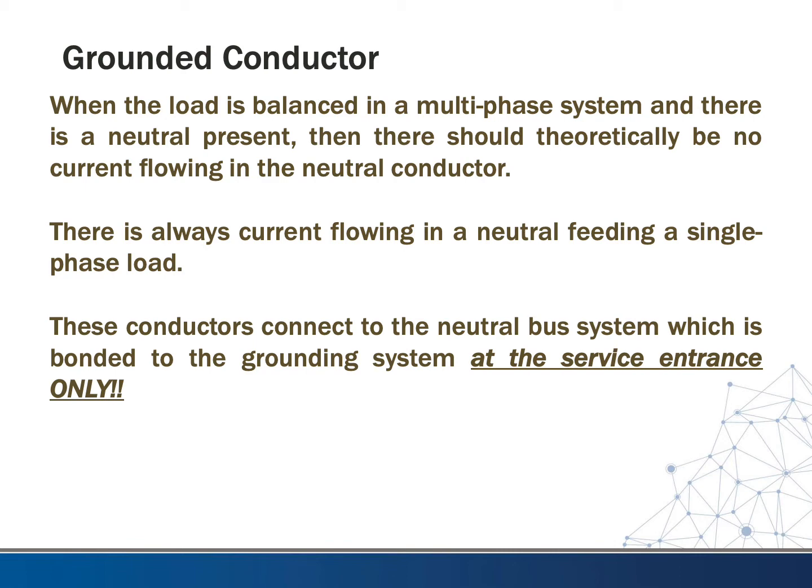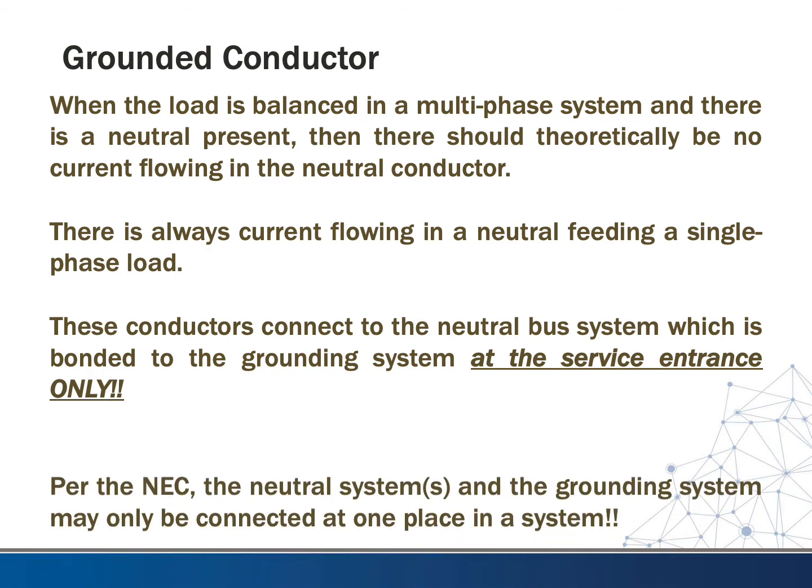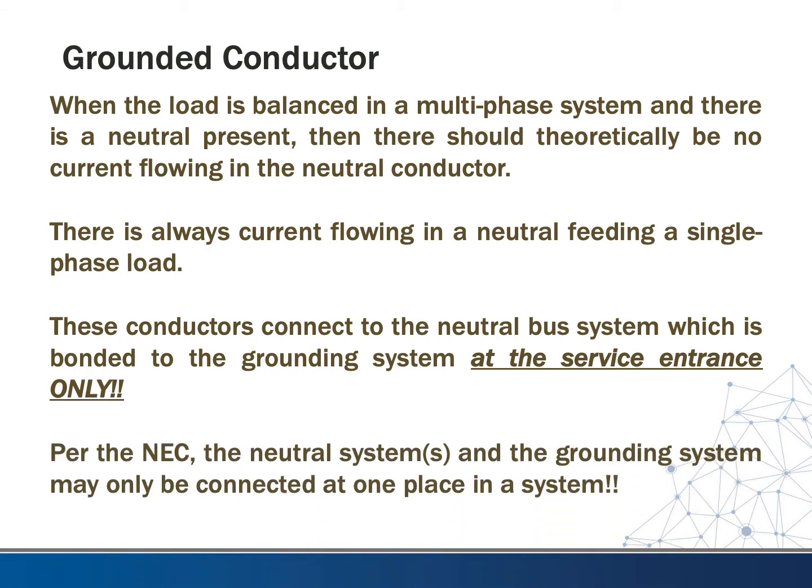In the panels downstream from that, the branch panels, you'll also have a ground bus and a neutral bus, but you are not allowed to connect those anywhere downstream. They have to be connected together at the service entrance, so you can't connect them at any other place. So per the NEC, the neutral system and the grounding system may only be connected in that one place. So very important thing to remember.